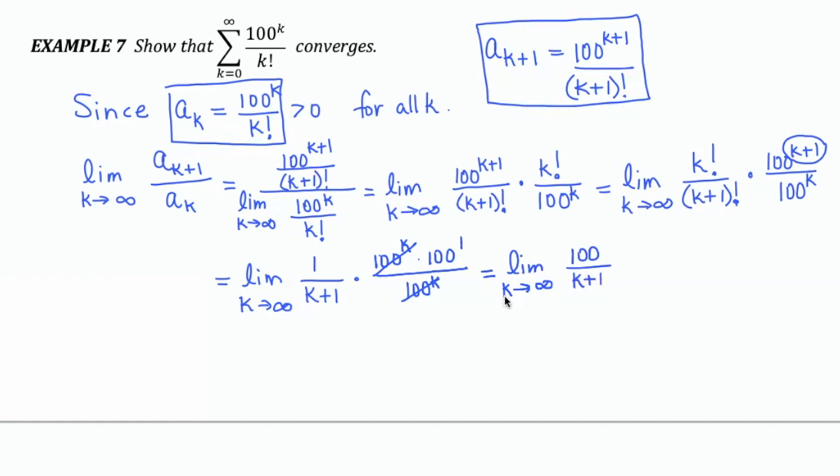And when we allow k to take on larger and larger values, even though the numerator is 100, it does not matter. This is still going to head to 0. So that means that my L value for the ratio test is 0. And as we saw before, when you get an L value of 0, your series converges.